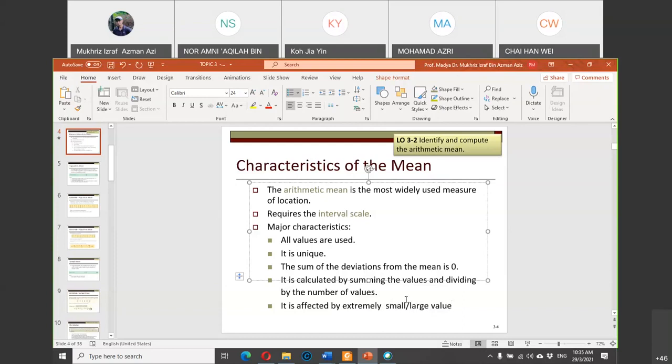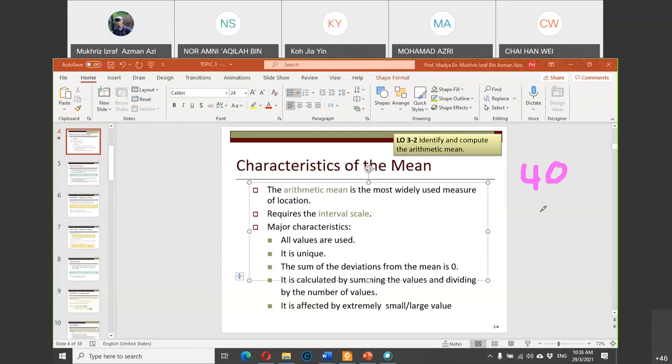Meaning that, let's say in your sample data, or in your classroom, you want to take the average of the weight of students. I usually use this example in class. Let's say there are 40 students in our class. Of course, in our class there are more than 50 students.